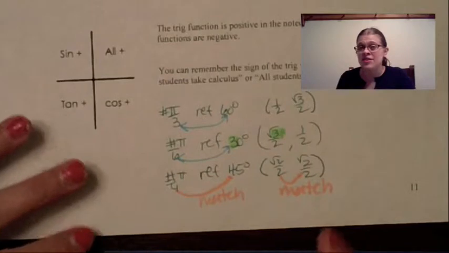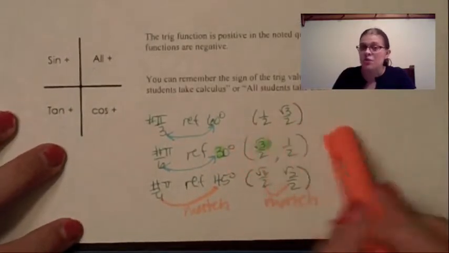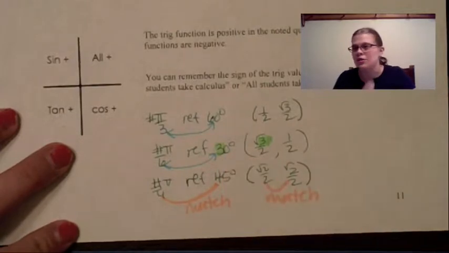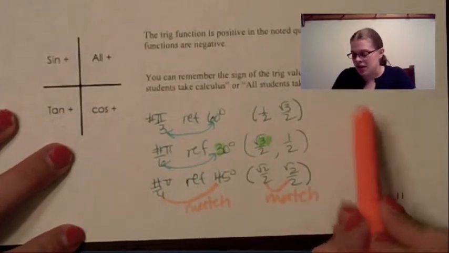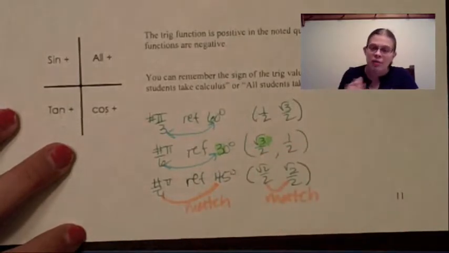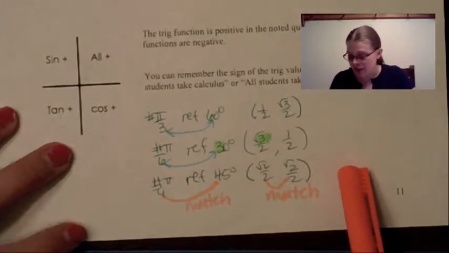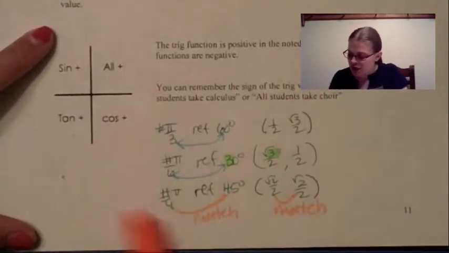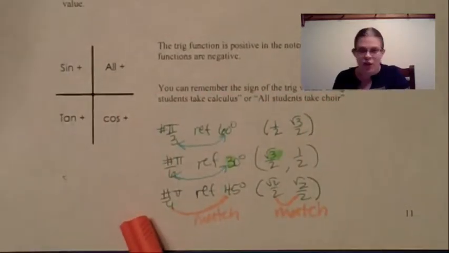Okay, and then if anything's on the axes, like 90 or pi halves or 3 pi halves or 270 or pi or 2 pi or 180 or 360, I like to just draw where it is on the quadrant and then write my point out and then find it from my point that way. So I suggest that you work on memorizing this in some way, whatever works for you.